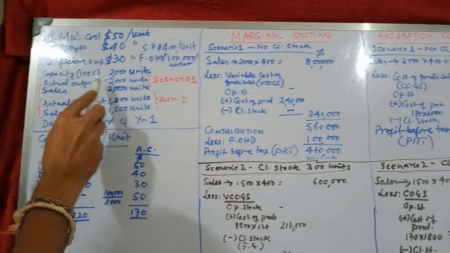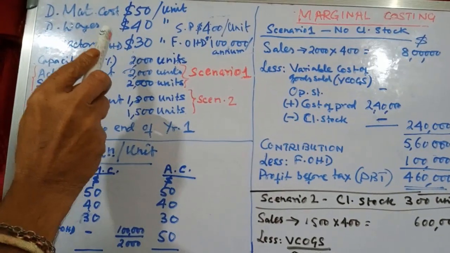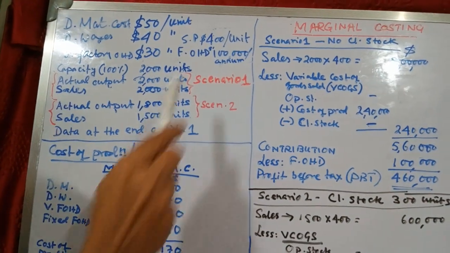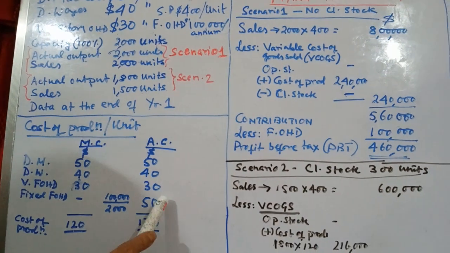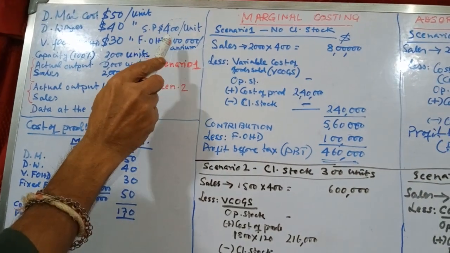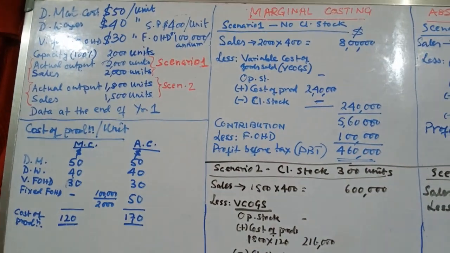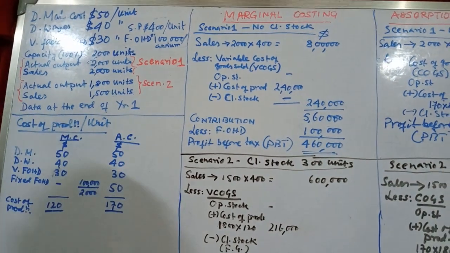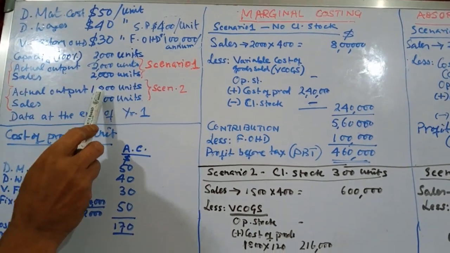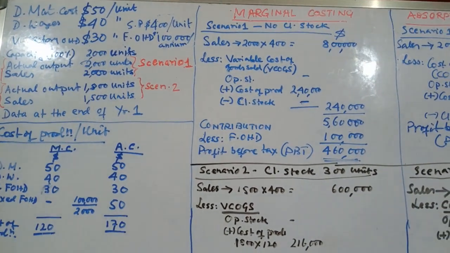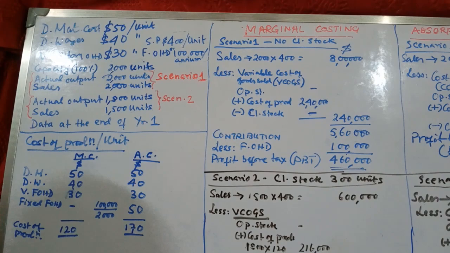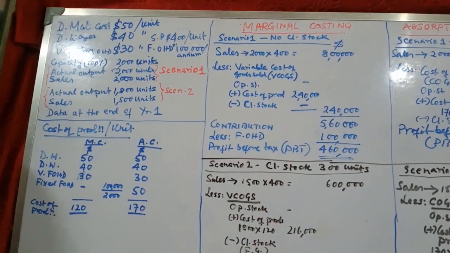When the actual output was equal to the capacity, the firm was able to recover the full overhead by applying this rate 50, because 50 into 2000 becomes 100,000. But since in scenario 2 the firm is not producing full capacity, the firm is producing 200 units less, that means the firm is unable to recover the full fixed overhead. This is called under absorption.